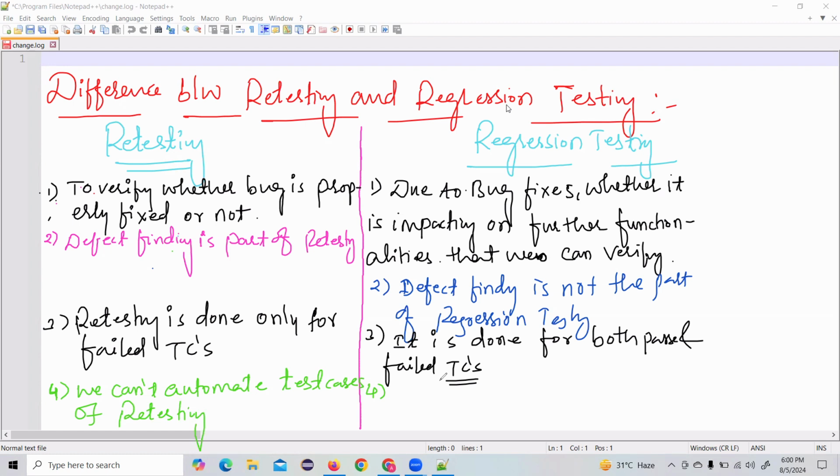Okay, here I will write: we can automate regression test cases. Is it done? Done.